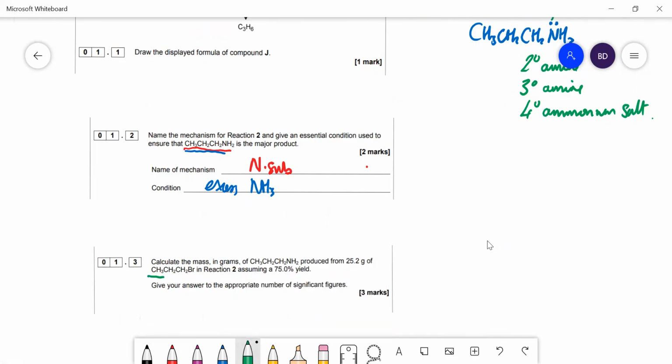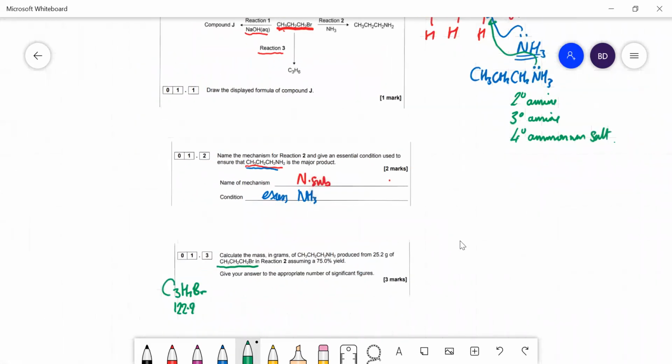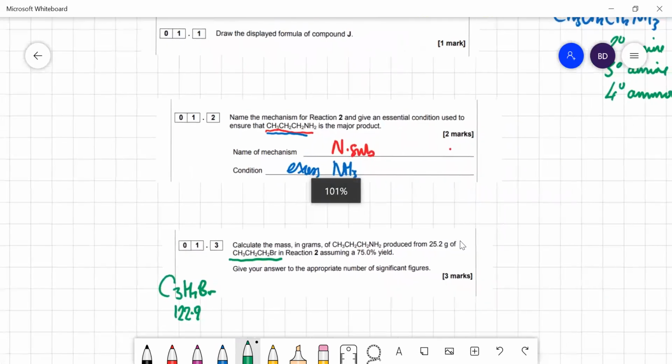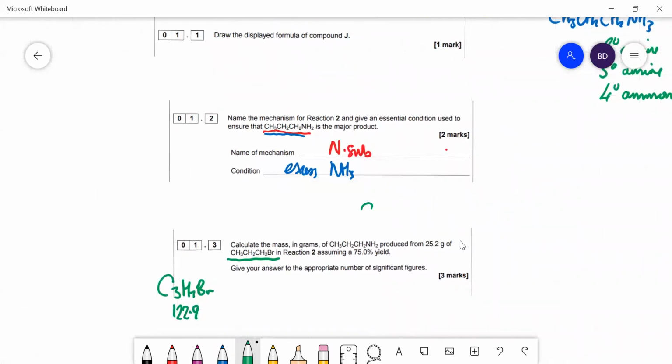So the Mr of the bromopropane, C3H7Br, is 122.9. And the Mr of the amine, so that's going to be C3H9N, the Mr of that is 59.